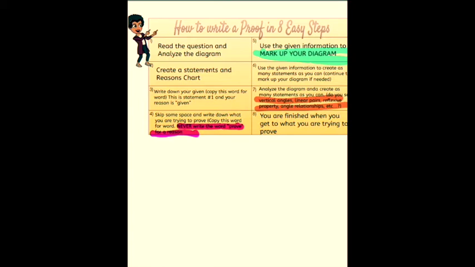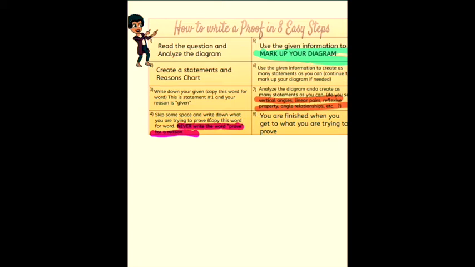First step 6, what we're telling you to do is to use the given information to create statements. This is where you have to connect outside information that we taught you. So if they talked about parallel lines cut by a transversal, you have to start thinking of those relationships.